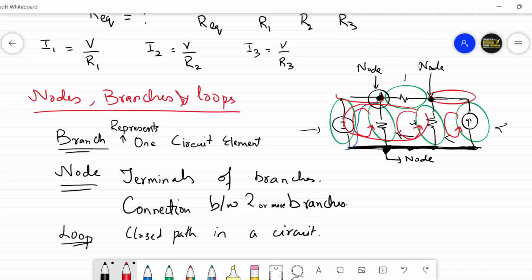These two combined make one closed path. These two combined make another closed path. All these three combined make another closed path. So there are actually six closed paths in this case. For this particular case, we have identified five branches, three nodes, and six closed paths.